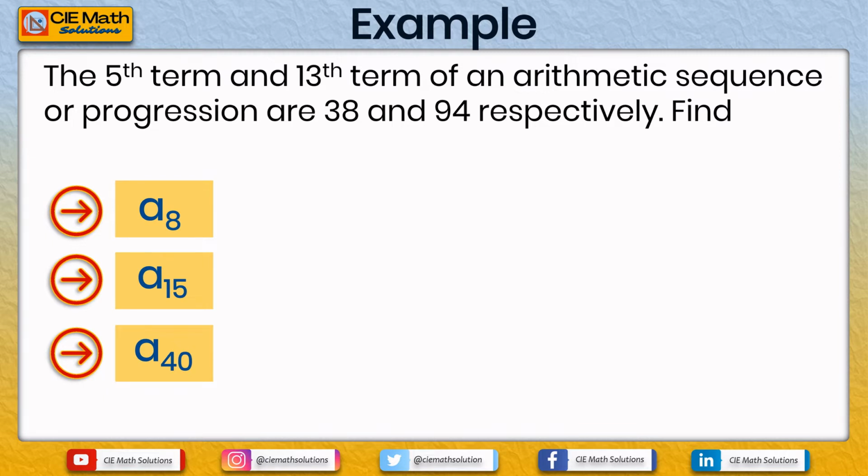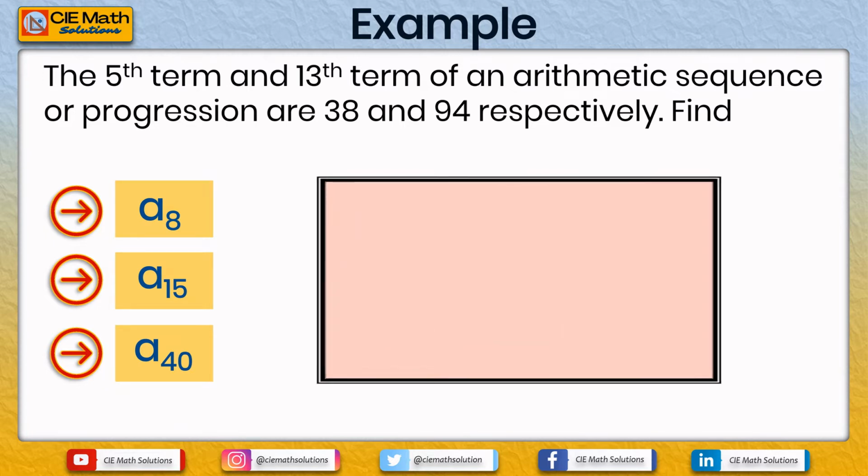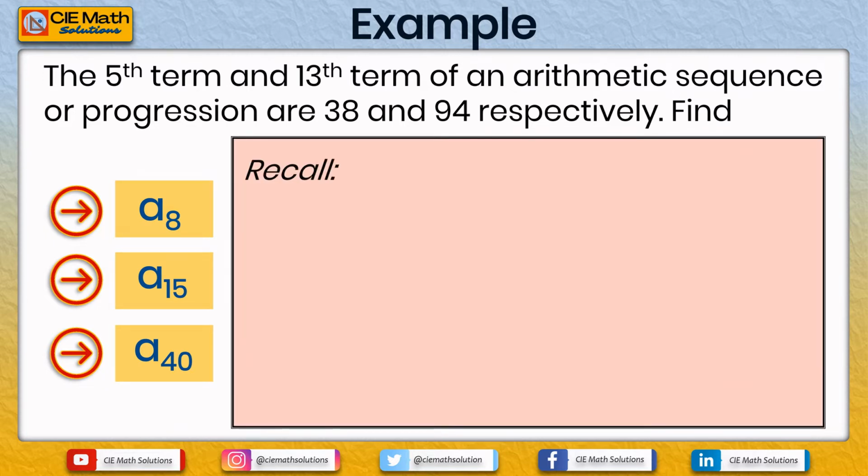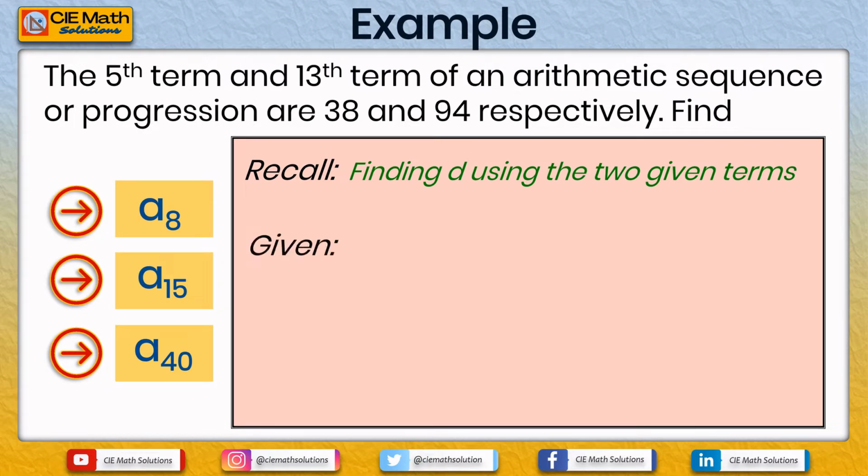Find A8, A15, A40. Before we could find the specific terms, let us find first the common difference. To do that, let us identify the given. We have A13, which is equal to 94, and A5, which is equal to 38.